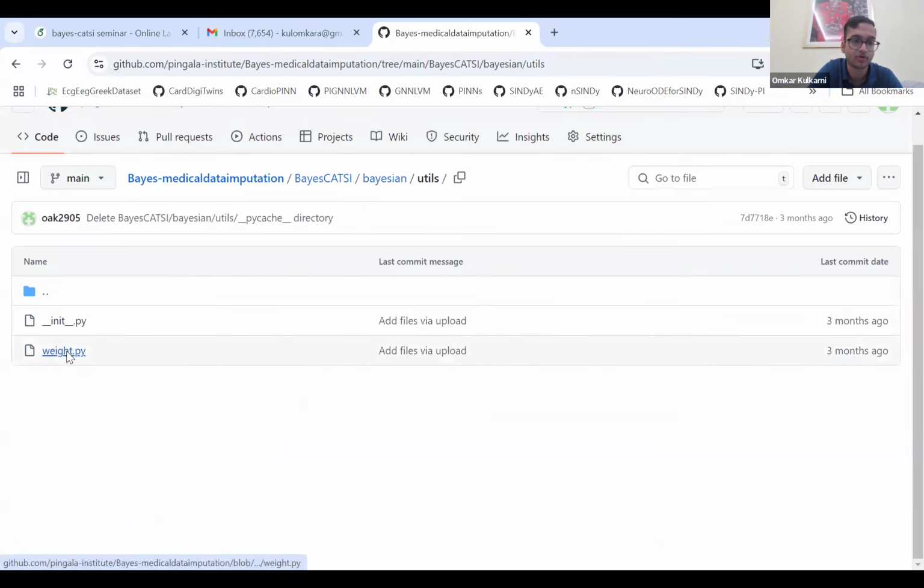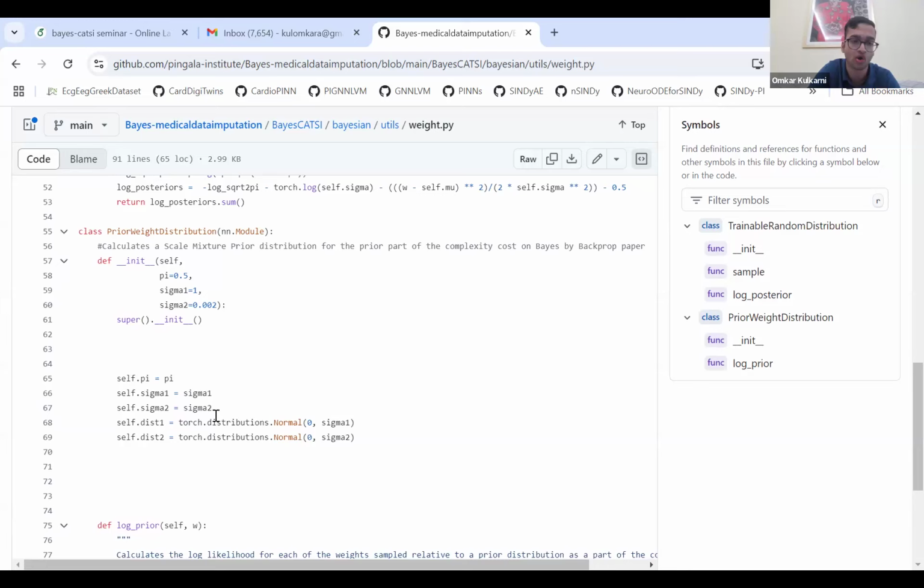The file weight.py contains the code for the variational posterior and the scaled mixed prior, which is the combination of two Gaussian distributions with standard deviations sigma 1 and sigma 2.